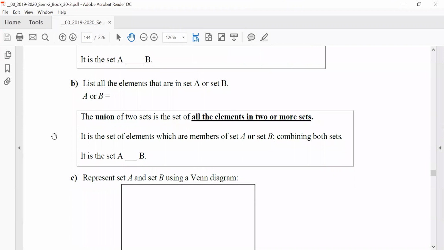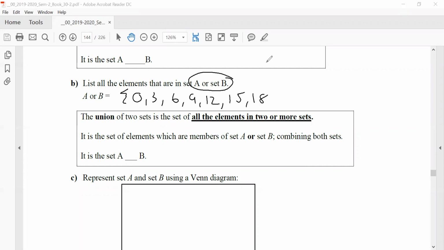B says, let's list all the elements that are in A or B. What this means is I'm in A or I'm in B. So I'm going to think about my two sets again. Things that are divisible by 3: 0, 3, 6, 9, 12, 15, 18.